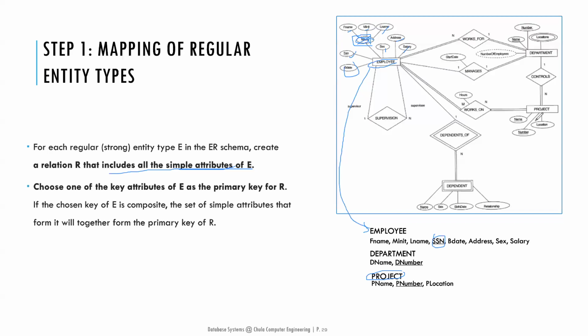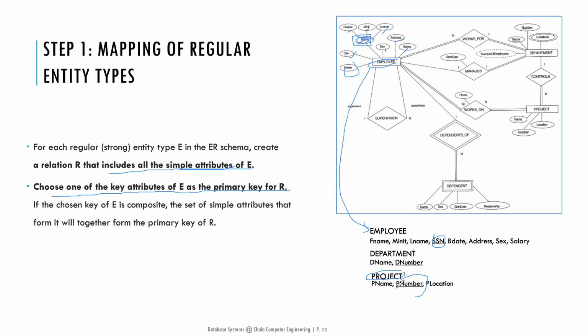I say to only choose one of the key attributes as the primary key for R. Here there are two possible keys because the name may be unique and the project number is also unique, so I just pick one.